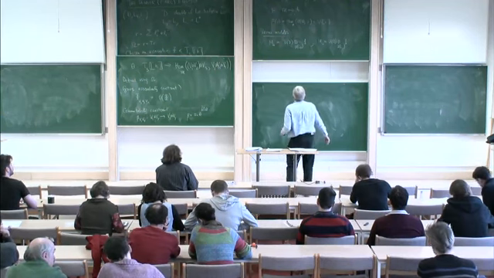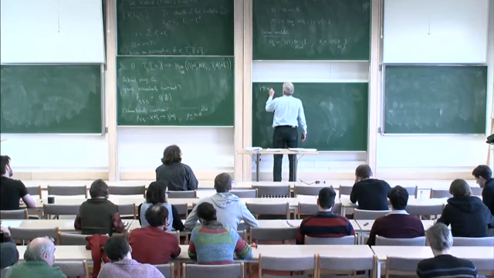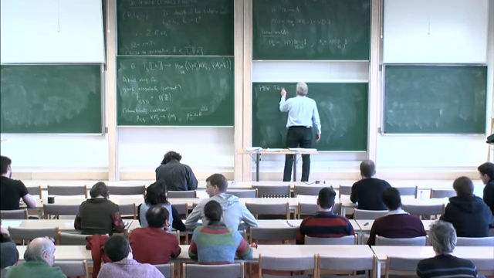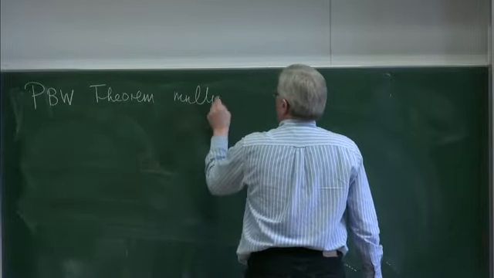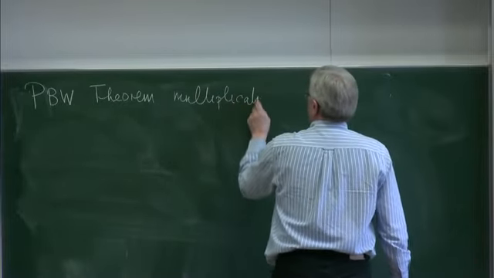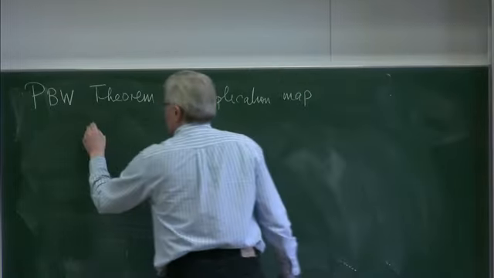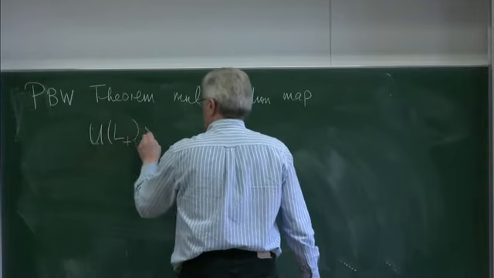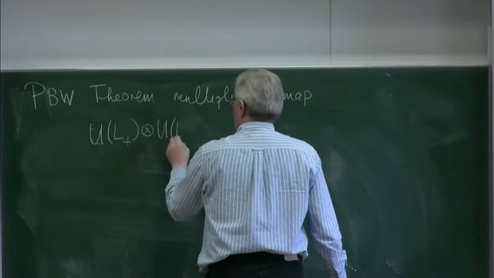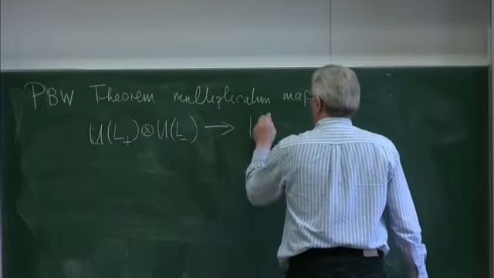So by the Poincaré-Birkhoff-Witt theorem, the multiplication map maps the universal enveloping algebra of L plus tensor the universal enveloping algebra of L minus into U of D. Right.